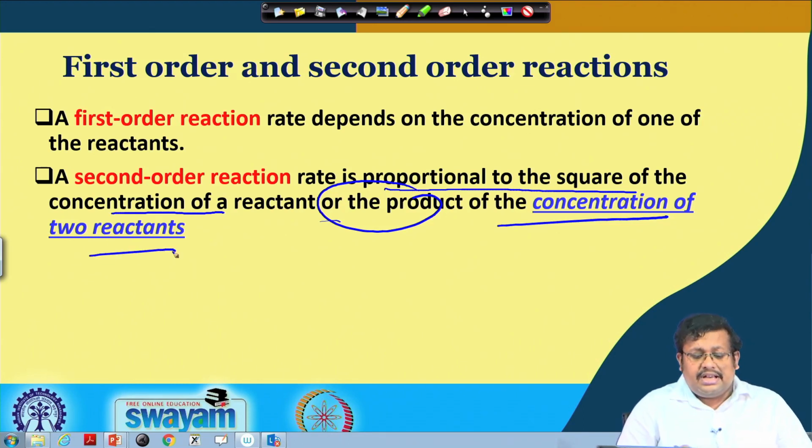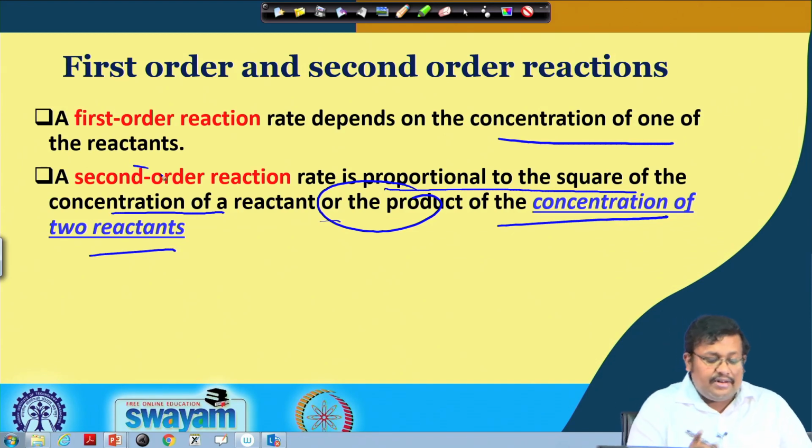While in the first order reaction, the rate of reaction depends on the concentration of one of the reactants, so we can consider only one reactant. However, in case of a second order reaction, the rate is proportional to the square of the concentration of a particular reactant or the product of the concentrations of the two reactants.